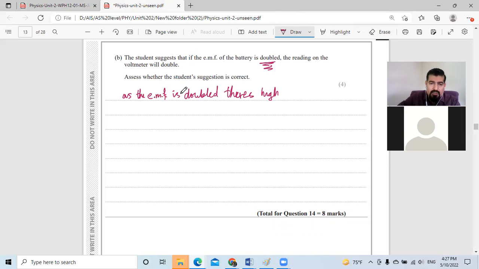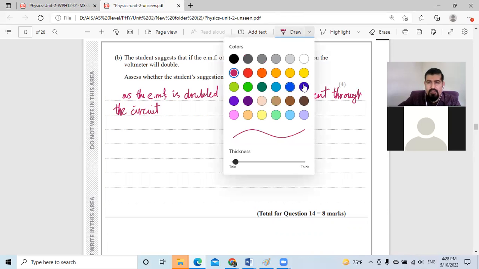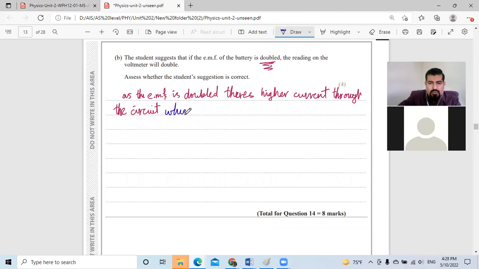As the EMF is doubled, there is higher current through the circuit, which causes heating effect to increase the temperature of the thermistor.